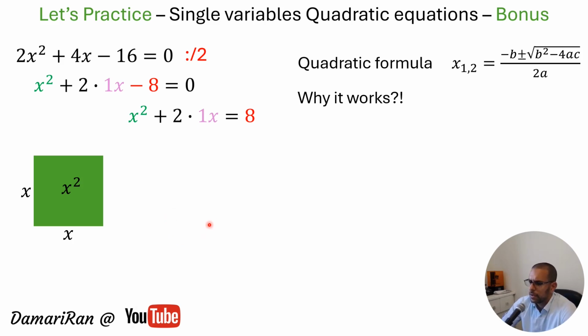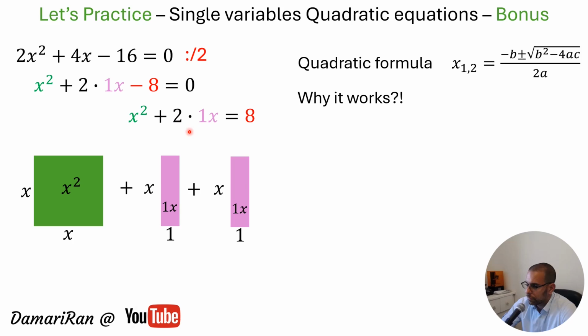Now let's add 2 rectangles, each with one side 1 and the other side x. This is the long side, x, and this is the short side, 1. We're going to have it twice, right here and right here.